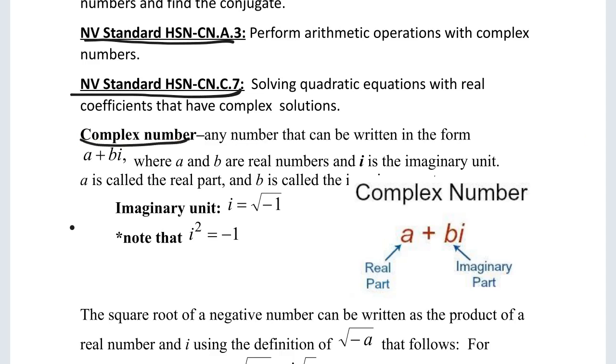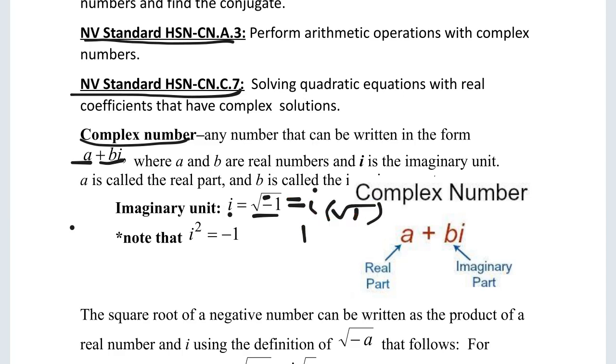Complex numbers consist of a real number and an imaginary number. The imaginary unit is represented by i, which does represent the square root of negative 1. So the negative inside the radical becomes the i with a root 1.